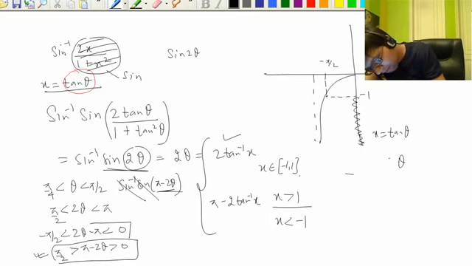So theta is from minus pi by 2 to minus pi by 4. 2 theta is from minus pi to minus pi by 2.